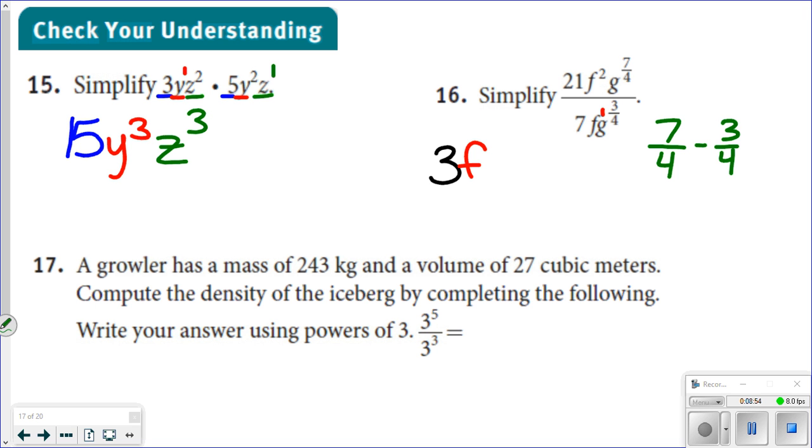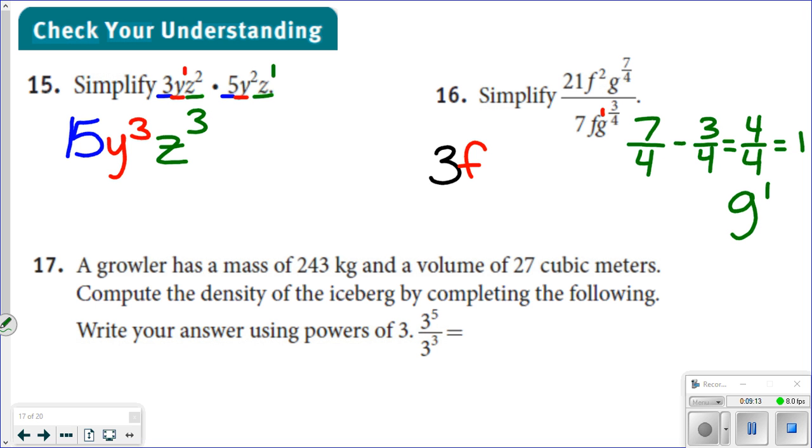And these have the same denominator, so we're just going to subtract the numerators. 7 minus 3 is 4. Ooh, does this reduce or simplify anymore? 4 divided by 4 is just 1. So it's just g to the 1st power, so I'm just going to write g. So 3fg would be my answer for 16.